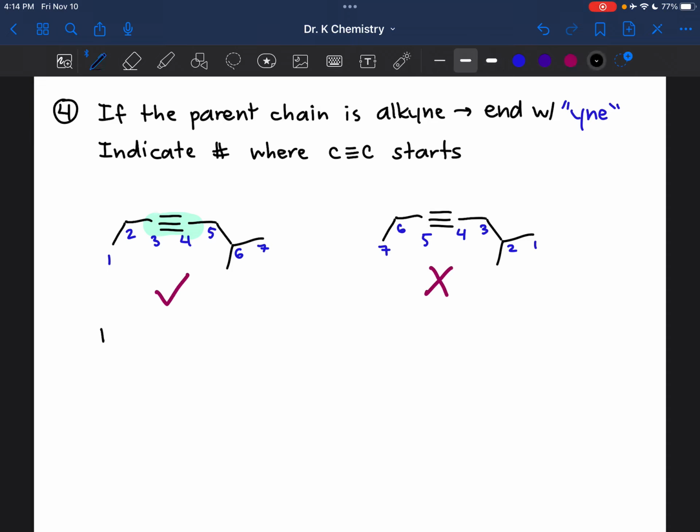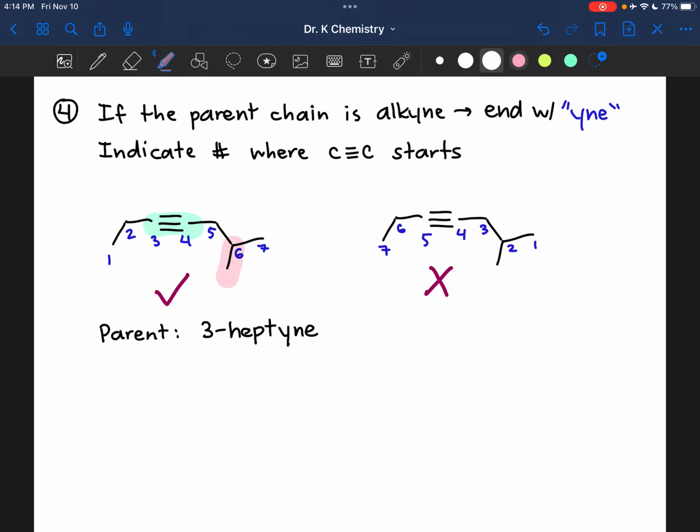Now that we have that, I'm going to list the parent name first. And I see that there are 7 carbons, so the prefix is hept. It's an alkyne, so it gets that ending -yne. And the triple bond starts on carbon 3, so I'm going to call it 3-heptyne.